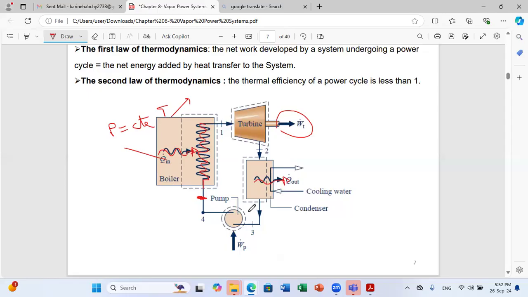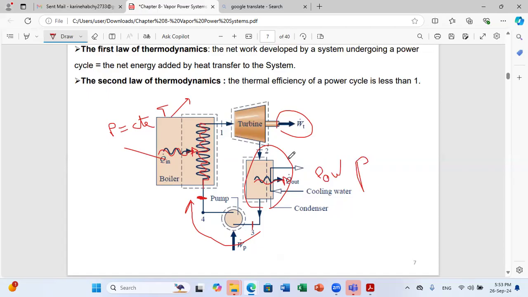So you need to go back to the state. That's why you need to go through a condenser, in order to go from saturated vapor or mixture state, which is a combination of vapor and liquid, to saturated liquid state, in order to go through your pump, which will increase your pressure to the required level. So here in general, we have low pressure levels, low P, and we need to increase it back to the desired level in order to repeat the cycle.